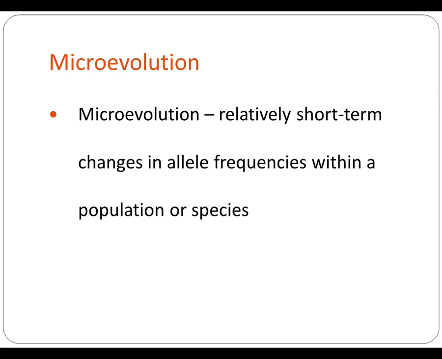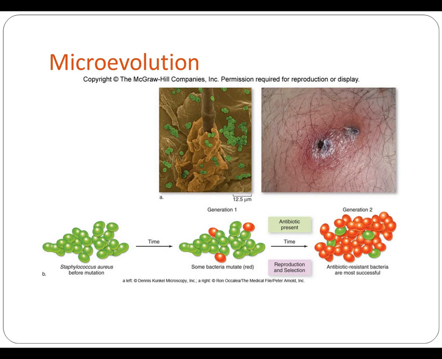But if we look at something that is considered to be living, we can certainly see it in bacteria. And the classic recent example is staph. Anybody had a staph infection before? Yeah. Okay, it's very common. When you think you're getting an infection, what do you do?